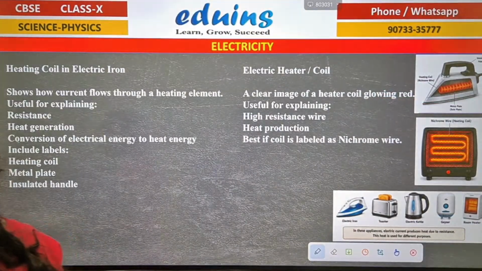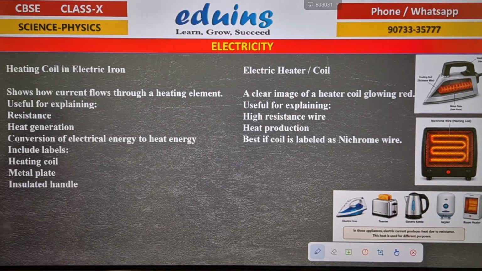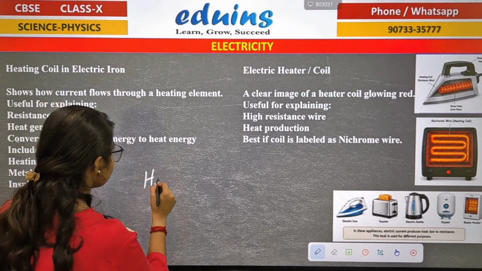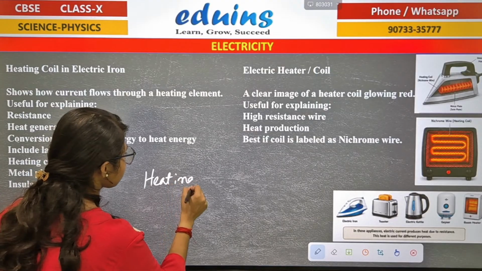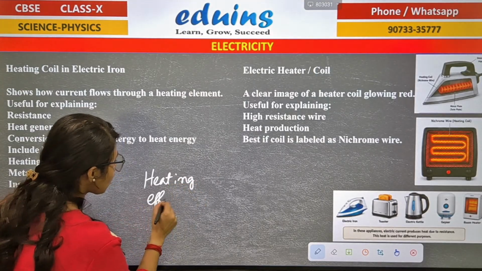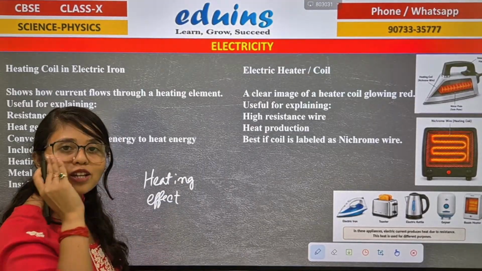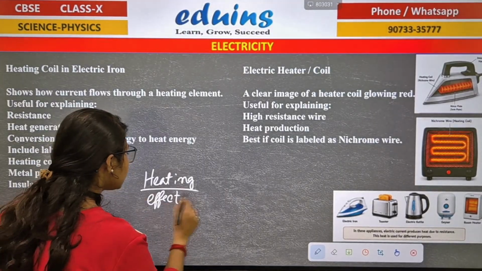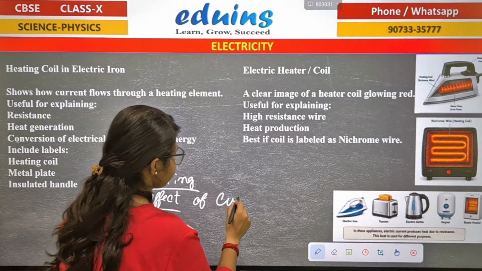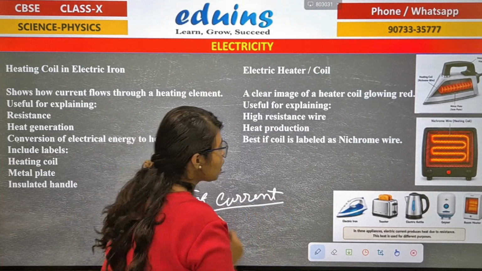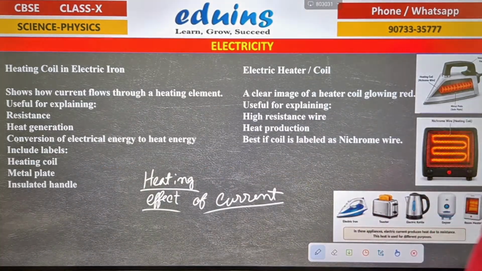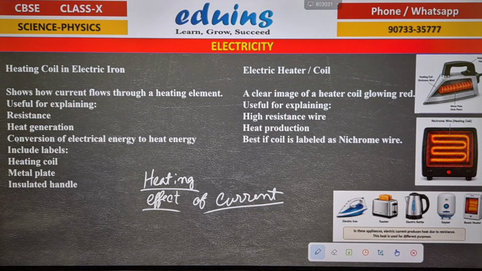Now, the heating coil in an electric iron. These are household appliances, examples of the Joule heating law, the heating effect of current, such as electric iron, toaster, electric kettle, geyser, room heater.